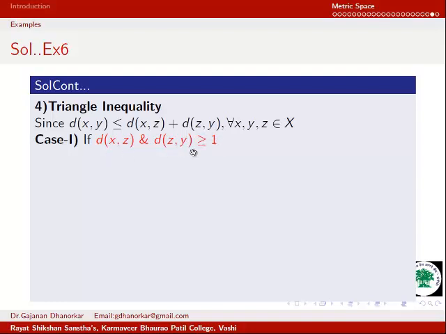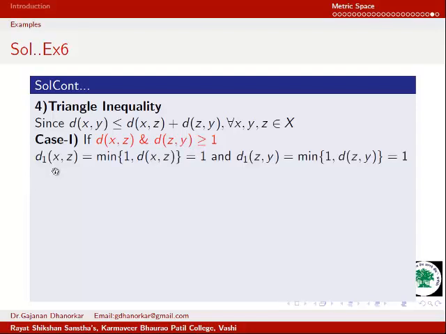Then what will happen? If this is greater than or equal to 1, then d1 of x, z is equal to the minimum of 1 comma d of x, z. Here d of x, z is greater than 1. Suppose this is 3 or 4 or 5, because it is greater than 1. Therefore, what is the minimum? 1 comma 3, the minimum is 1.